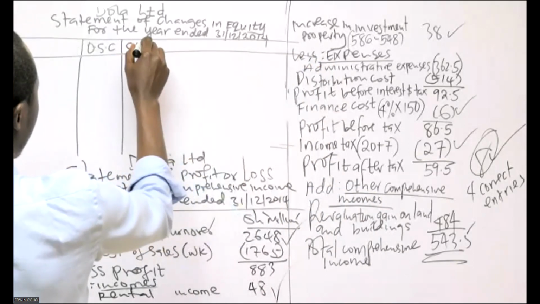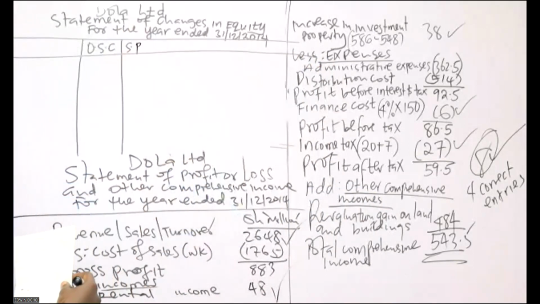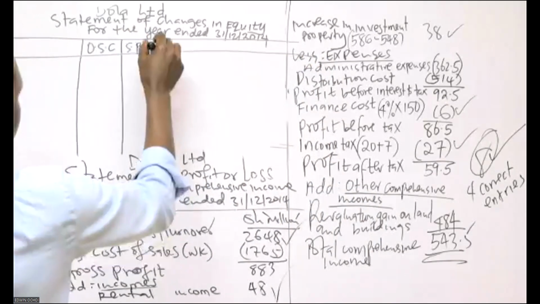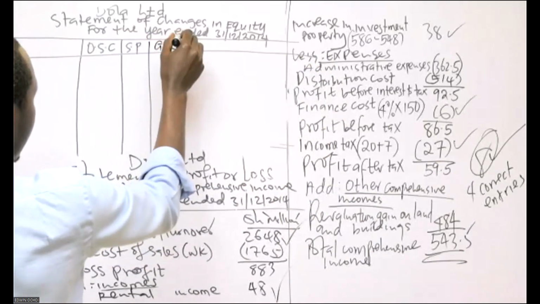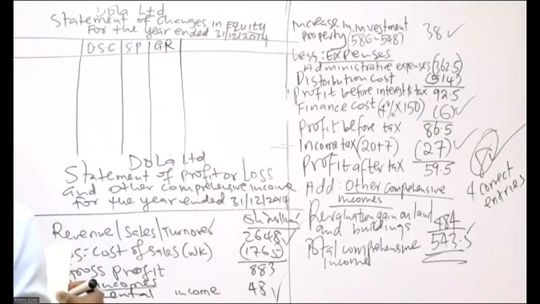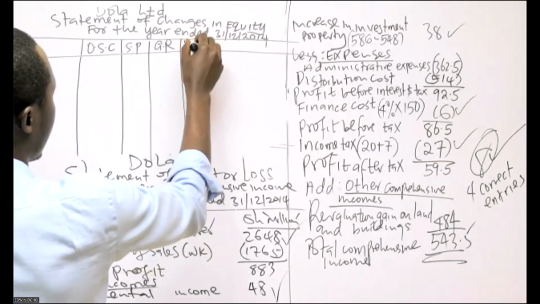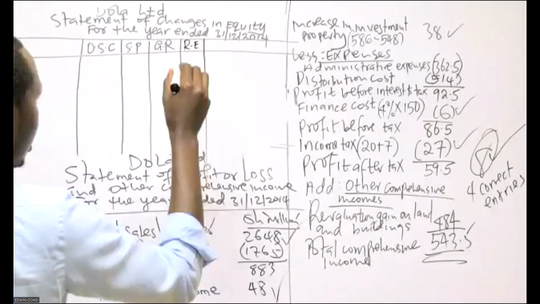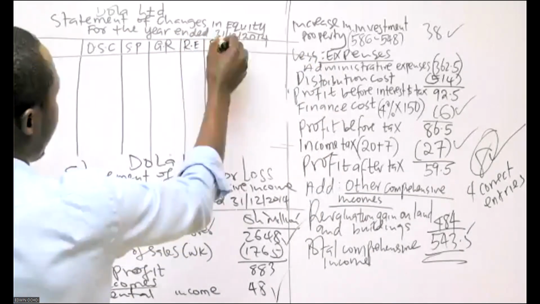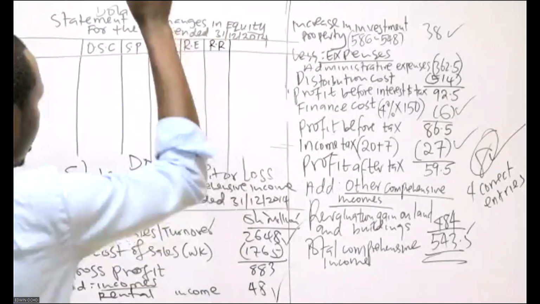We have the share premium. I can see that one from the trial balance. We have the general reserve. We have the retained earnings. There was a revaluation reserve in the additional information for land and building.